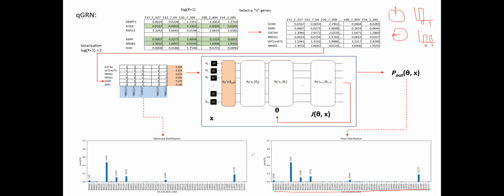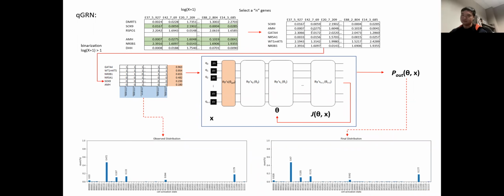So it means we are fitting the output of the quantum circuit to the observed distribution, and we believe that those relationships between qubits are going to be meaningful for understanding the gene regulatory network from a quantum computing point of view.